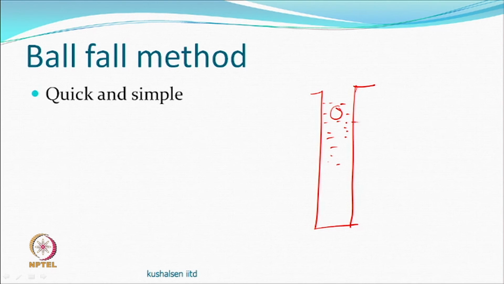So, one can fix up some time markings, 0.1 to 0.2, and then it's quick and simple as long as you can see the ball. You just put the ball and that is it. And if you want to take more readings, if there is enough space at the bottom, you can keep putting one ball after the other, you will have more readings, you can have the averages and work around.